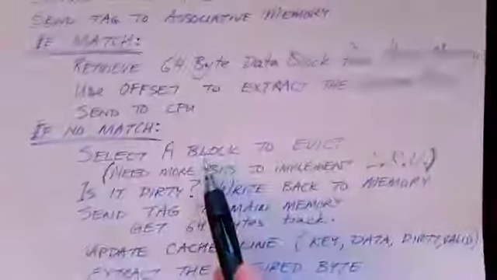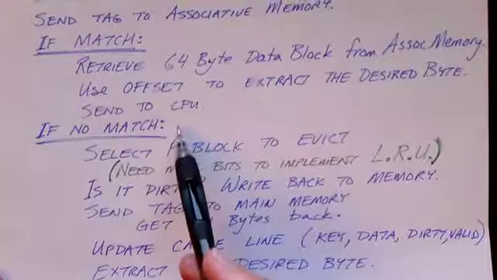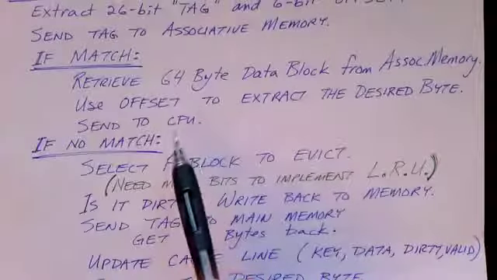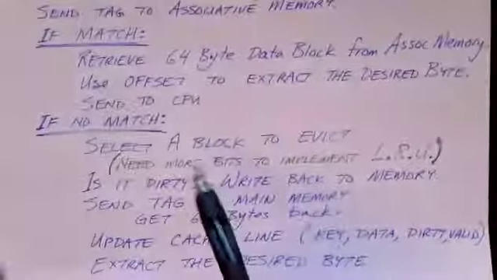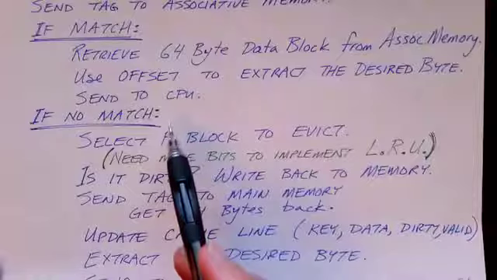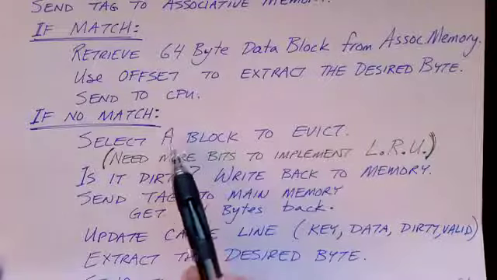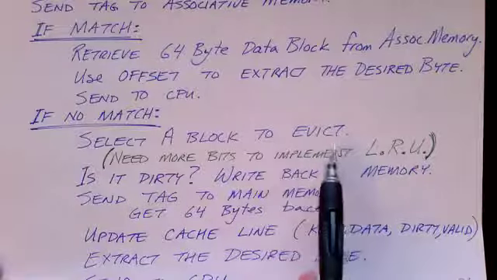If the associative memory does not contain a line that matches, in other words, if the keys for all the lines are different than the 26-bit tag, then there's no match. So at that point, the cache hardware has to select a block from the associative memory to evict.